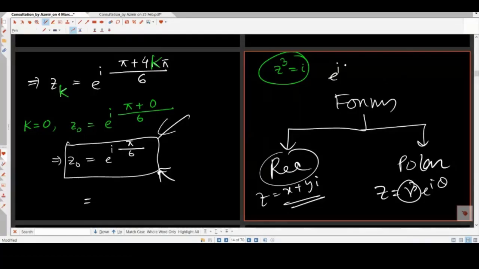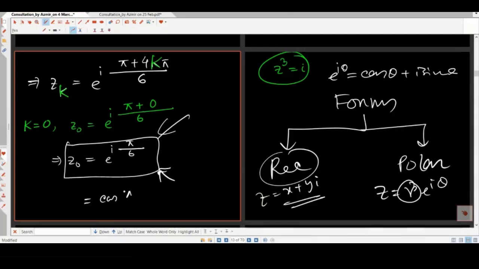We know that e power i theta is cosine theta plus i sine theta. So using this concept, we can write cosine pi over 6 plus i sine pi over 6. That means this is our angle, this is our argument. So cosine argument plus i sine argument.